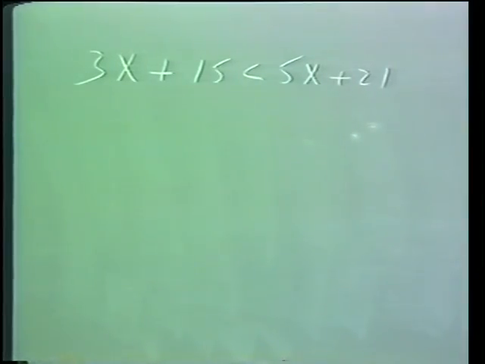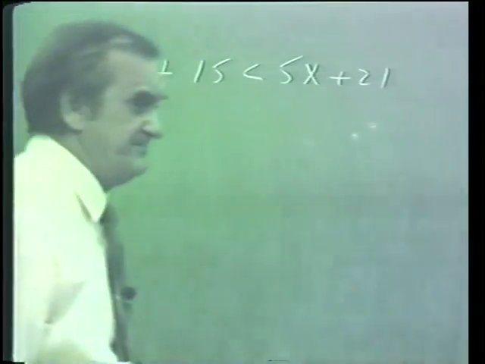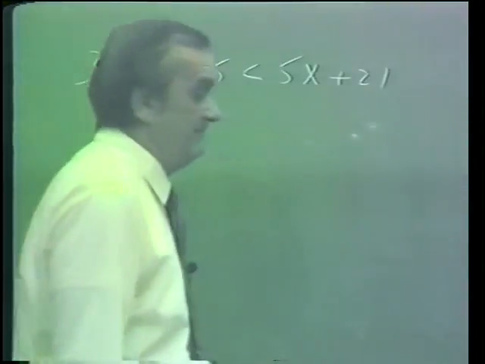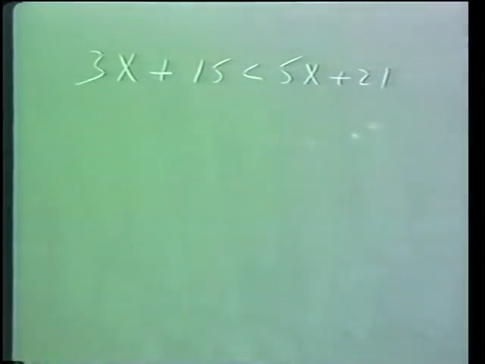Now what we have on the board is a mathematical sentence. This is 3 times some number increased by 15 is less than 5 times the number increased by 21. Now our job is to find the solution set for this inequality.